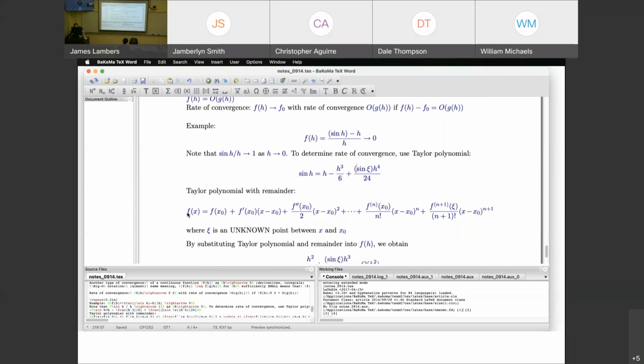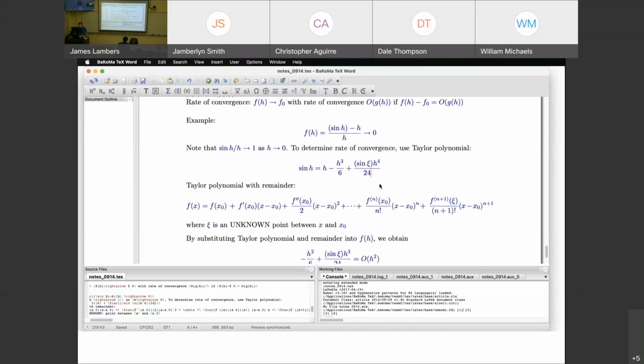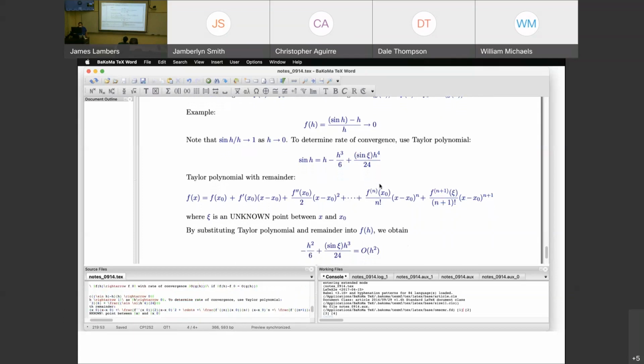And as a reminder, this is just repeating a statement of Taylor's theorem. So in this case, I'm using n equal 3, and here's my remainder. Remember, the fourth derivative of sine is sine, and that's how this remainder term comes about. So now, I'll go ahead and take this expression for sine h and substitute it in here.